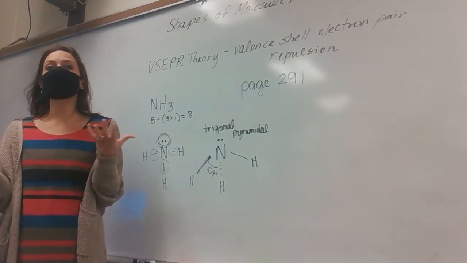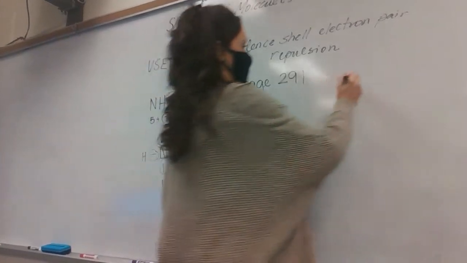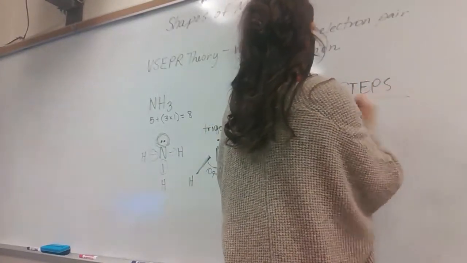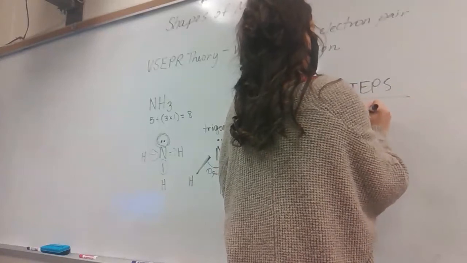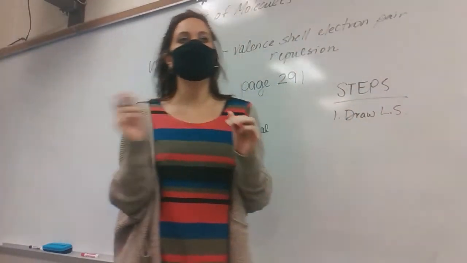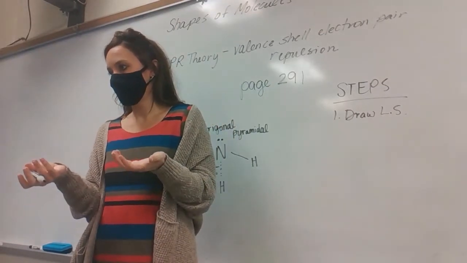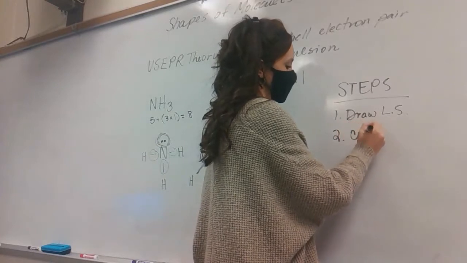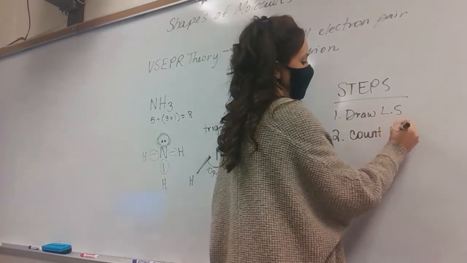So the steps for deciding shape. Step 1, draw the Lewis structure, just like we've been drawing the Lewis structure. Step 2, count bonding areas.